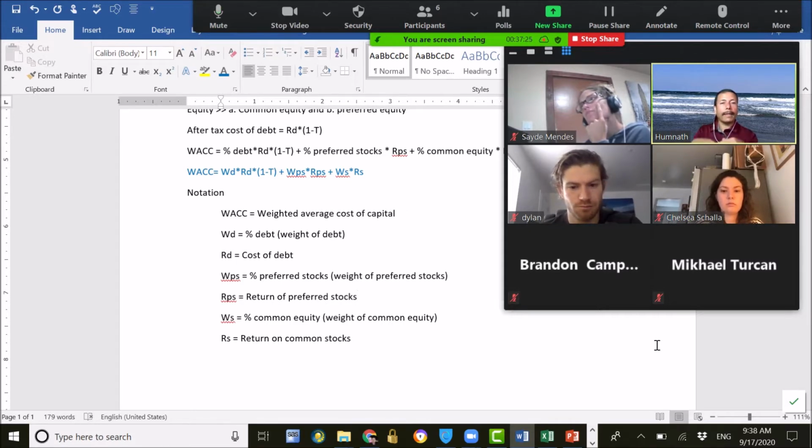And that money they have to borrow from some sources, they can borrow money issuing debt, or they can get the money by issuing equity, right? For both of these, investors have to be paid a rate of return or interest. That is called cost of capital. And when we combine them, based on the percentage the company uses those resources, we call that weighted average cost of capital. Clear?